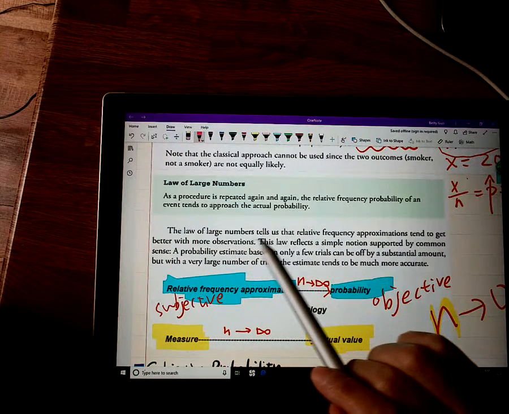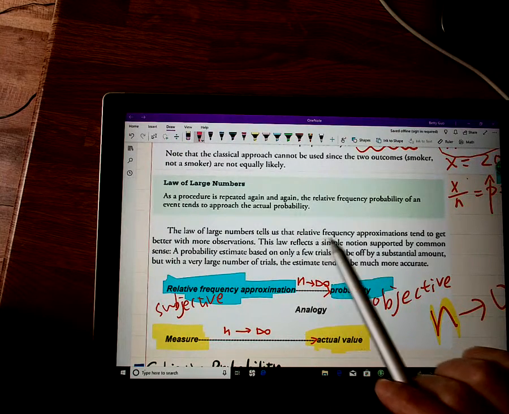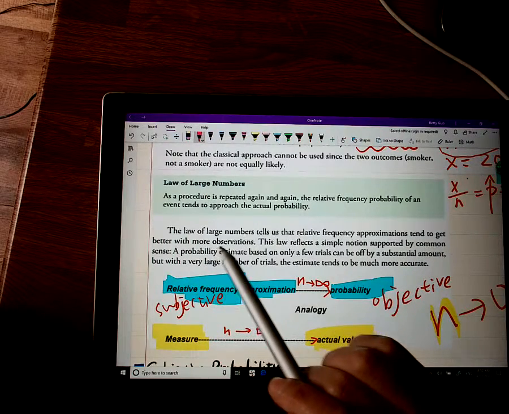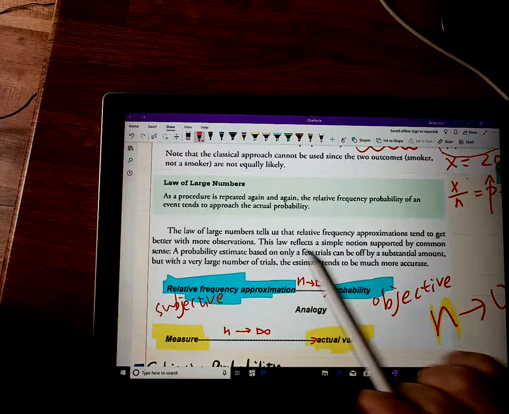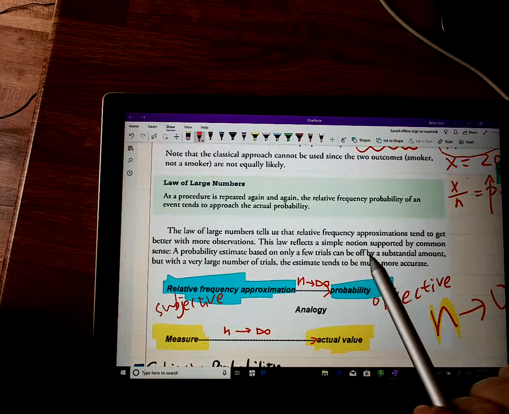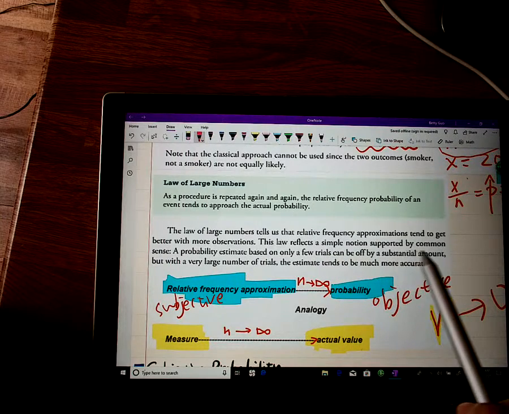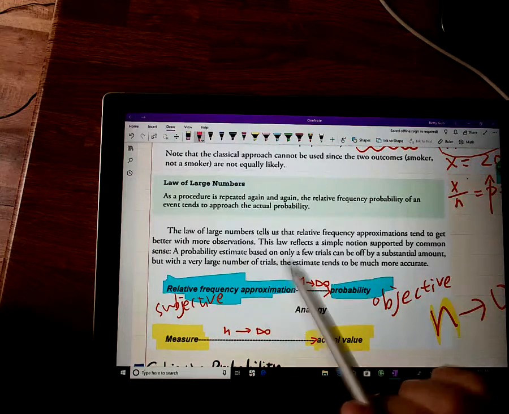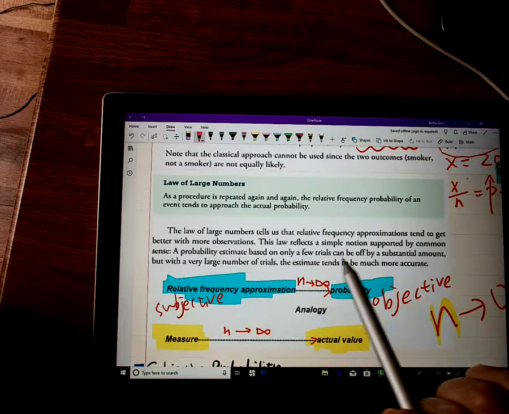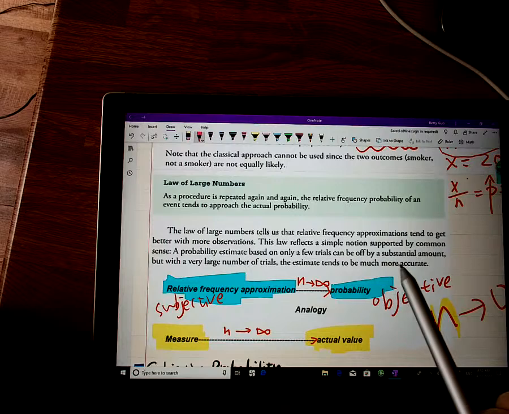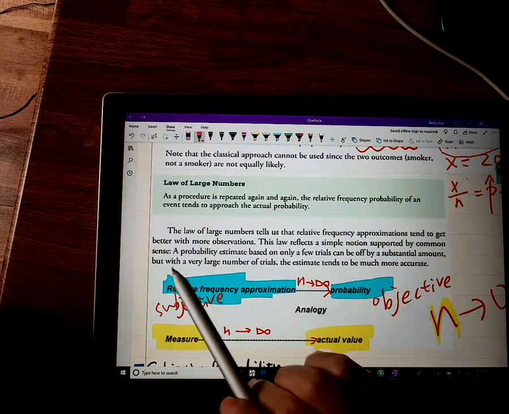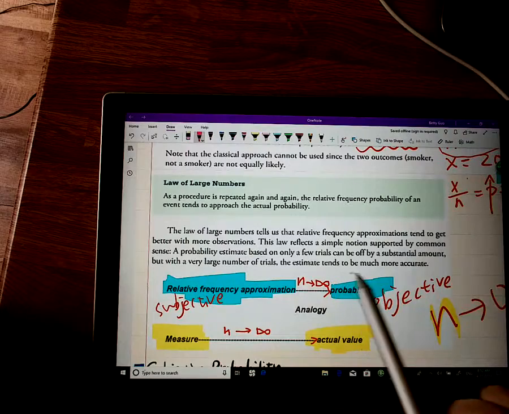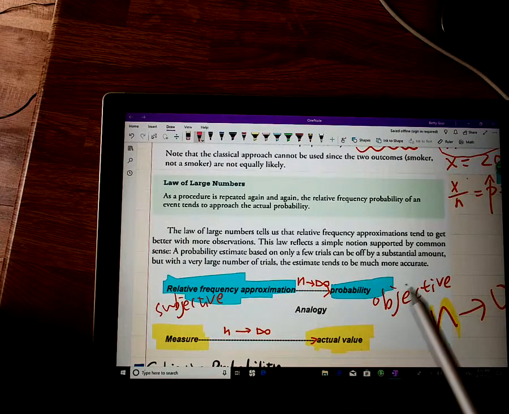The law of large numbers tells us that the relative frequency approximations tend to get better with more observations. This law reflects a simple notion supported by common sense. A probability estimate based on only a few trials can be off by a substantial amount, but with a very large number of trials, the estimate tends to be much more accurate.